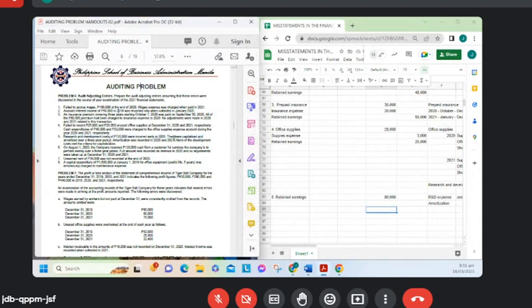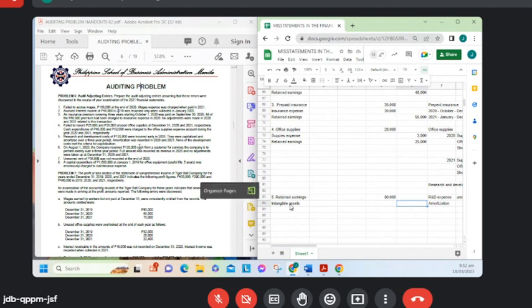Then, saan siya kinapitalize? Or capital amortized. Credit to intangible assets. So in 2021, amortization was recorded in 2020 and 2021. So 40,000.